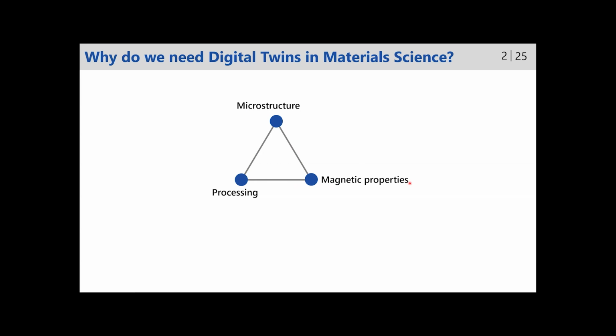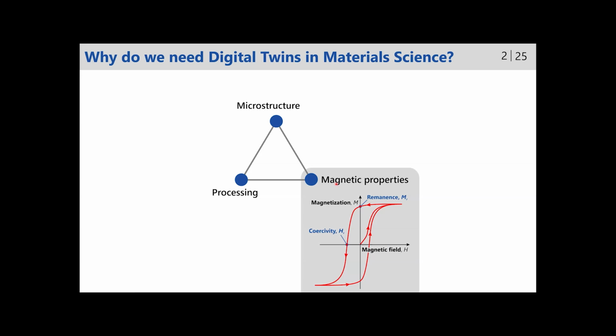In particular, today I will talk about magnetic materials. Considering a general audience, let me clarify: I will talk about magnetic hysteresis. When you have a magnetic material, which is ferromagnetic or ferrimagnetic with some long-range magnetic ordering, and you apply a magnetic field to a demagnetized sample, if the field is strong enough, you reach saturation.